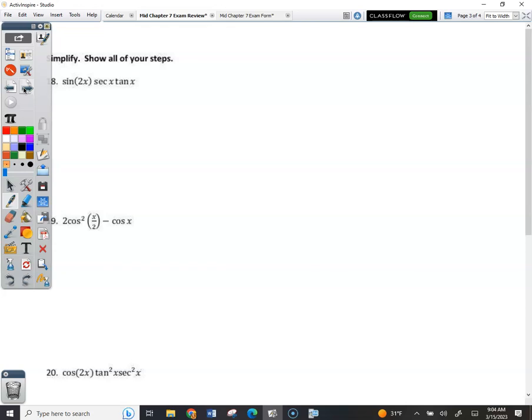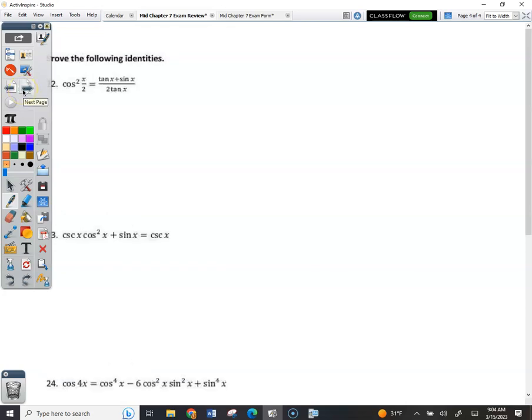Let's jump to the last 4. When I say easier, I just mean you know where you're trying to get to. Prove means manipulate one side to match the other, or manipulate both sides to match each other at some point.